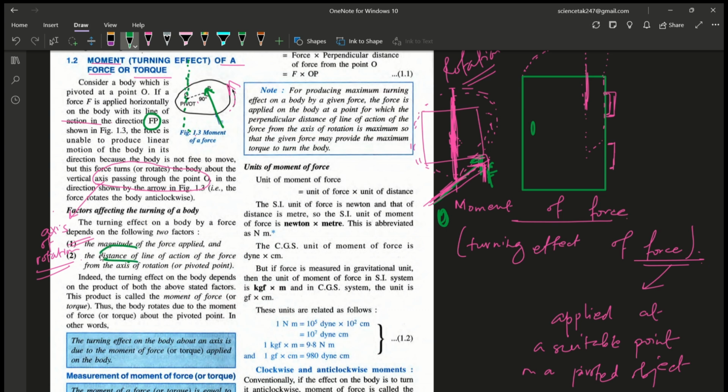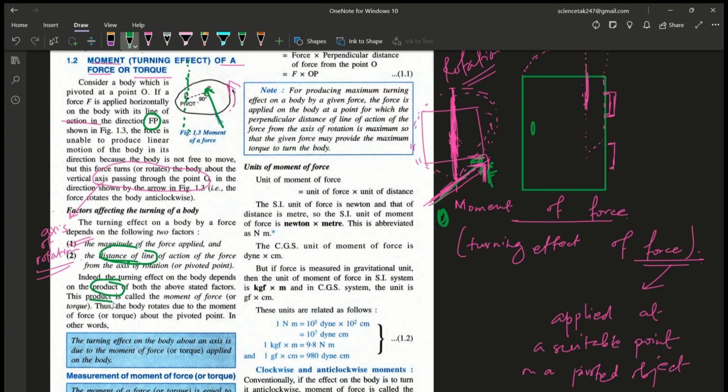Indeed, the turning effect on the body depends on the product of both the above stated factors. So the product of the two matters. What is happening here is if one decreases, the other has to increase in order to balance each other out. Now, this product is called moment of force.